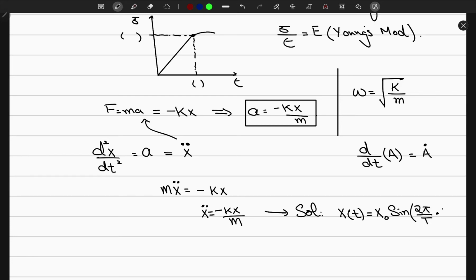So this is the solution to this differential equation. If I want to solve a system of simple harmonic oscillation, this x of t is the solution to that system, and I can put any values of t and find the displacement at any given time t of my oscillation.